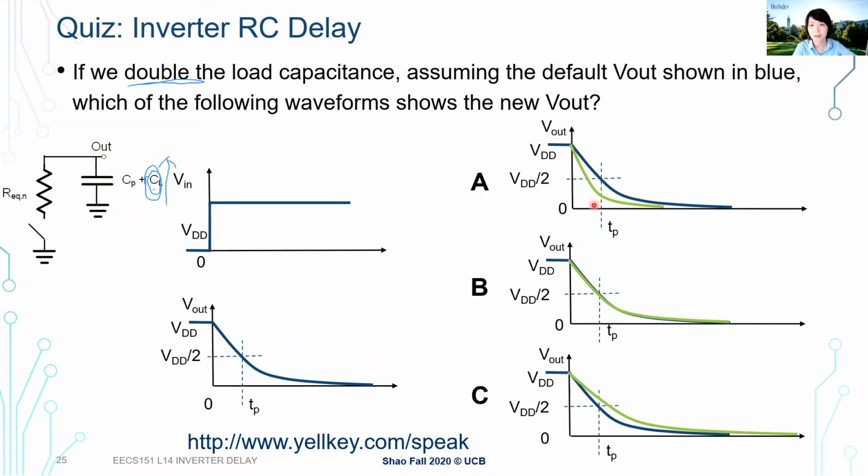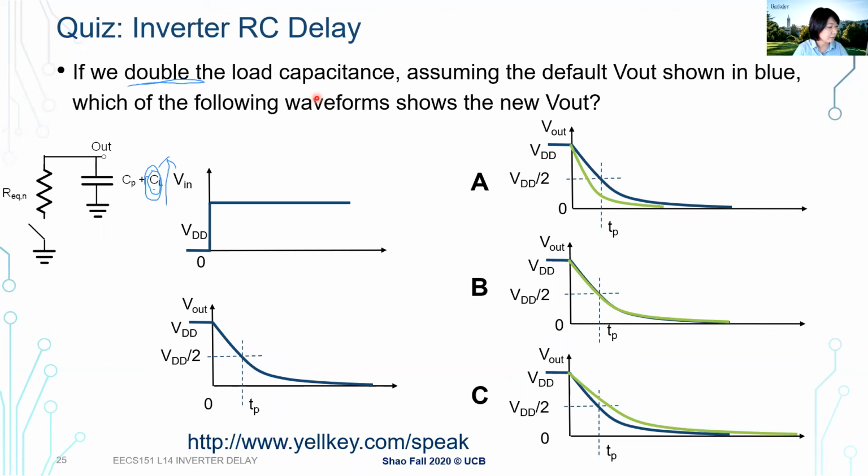If this blue curve is the original V out transition, what is the correct V out transition over time for the new circuit where our load capacitance is doubled? So you have a bigger load that we need to drive. CL is bigger.